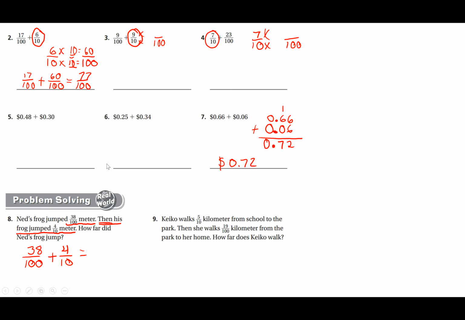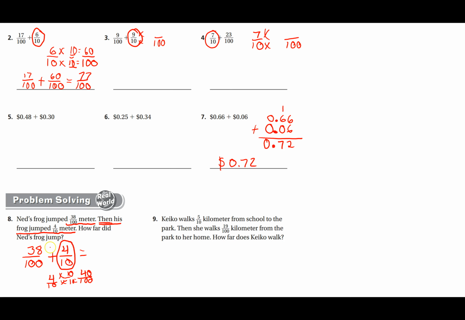Now you've set up a problem very similar to number 2, 3, and 4, where again we have to take this fraction in tenths and change it to a fraction with a denominator of 100 by multiplying the numerator and the denominator both by 10.